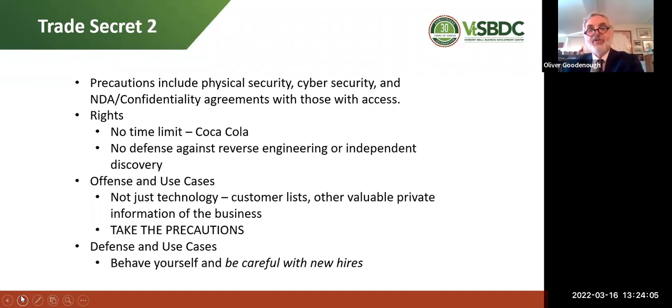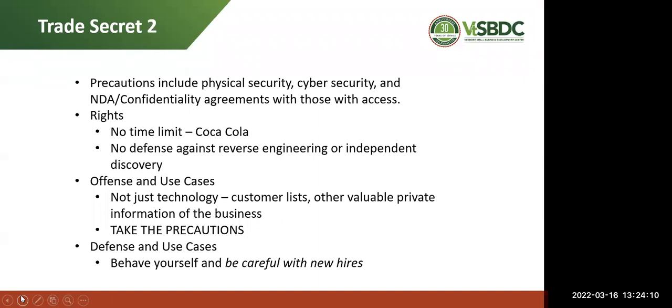Great. Nicholas, what about your pop stand? Yes, so trade secrets can be used in the popsicle stand and retail business. So for example, similar to the Coca-Cola example, if you have a very, very unique recipe for your popsicles, that's something that can be kept as a trade secret.